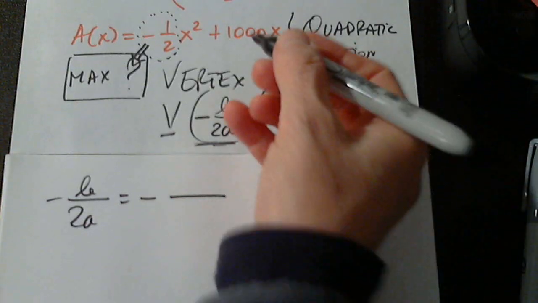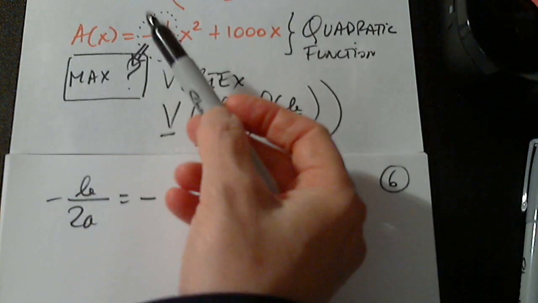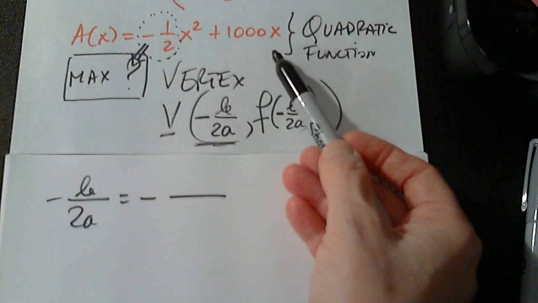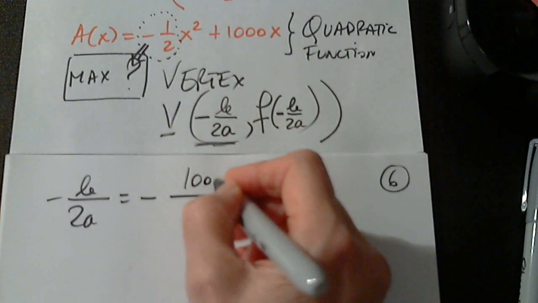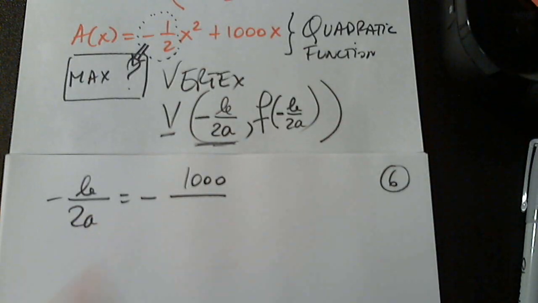Negative in front. Can anyone identify b? If I hadn't arranged it in descending order, I would probably make a mistake in identifying b. Can anyone identify b? Lowercase b. 1,000. Awesome. Can anyone say what is 2 times a?